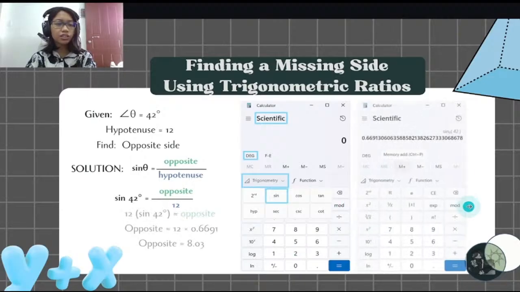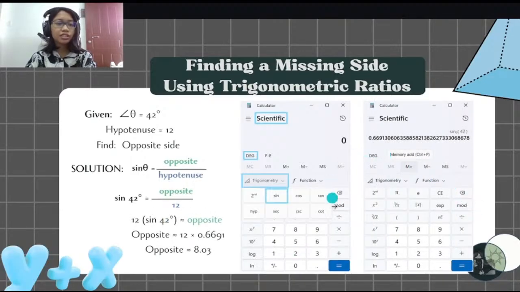That will give us 12 times sine 42 degrees equals the opposite side. Then we get the value of sine 42 degrees because 42 degrees is not a special angle.